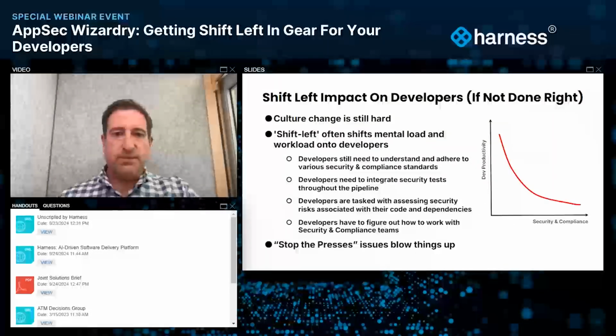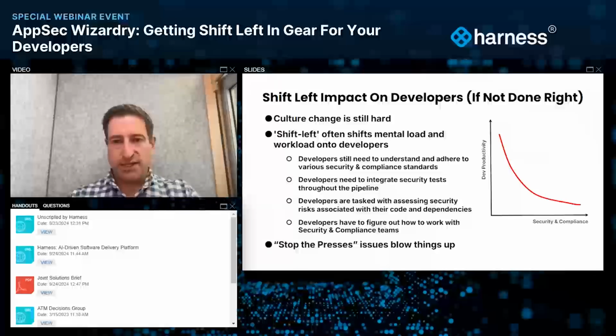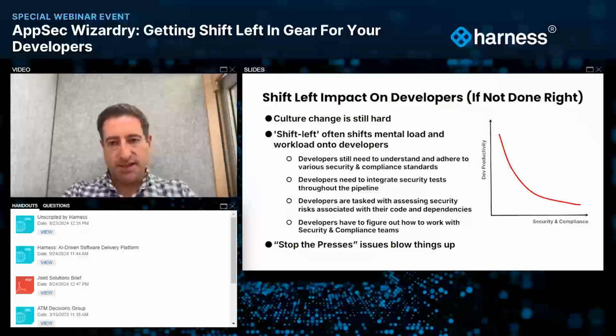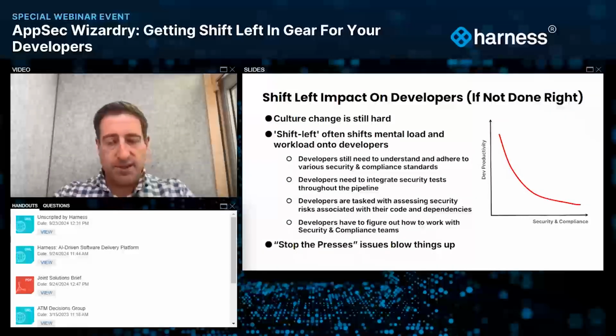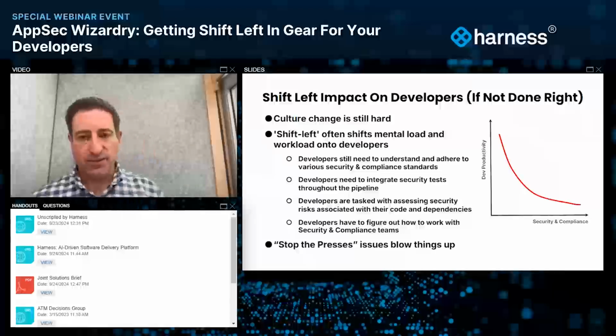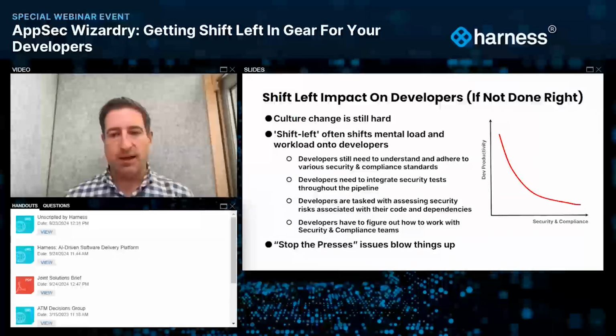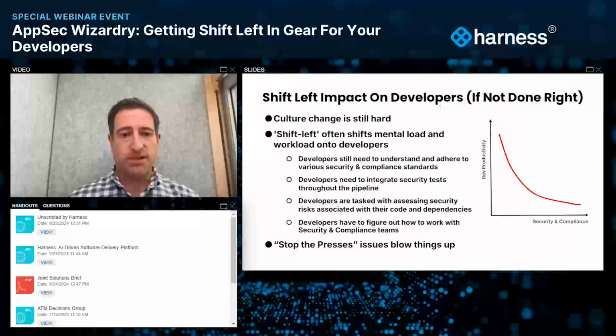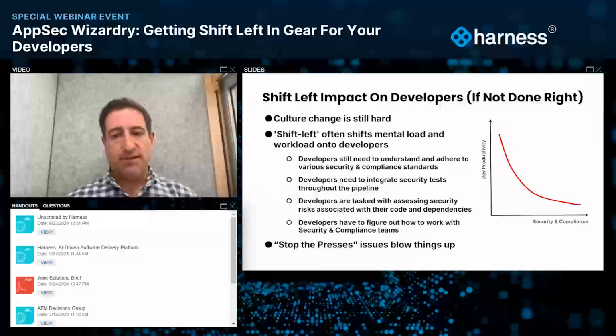So we talk about the impact on developers, and I'll draw your attention to this conceptual graph that I have on the right. It stands to reason that if security and compliance is rolled out in a way that doesn't match what a developer needs to fulfill their part in this equation, if they don't have the right tools and processes in place, their productivity just goes down.